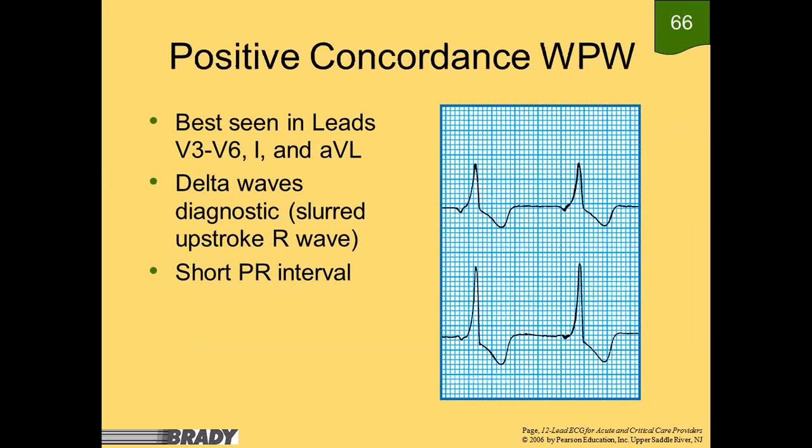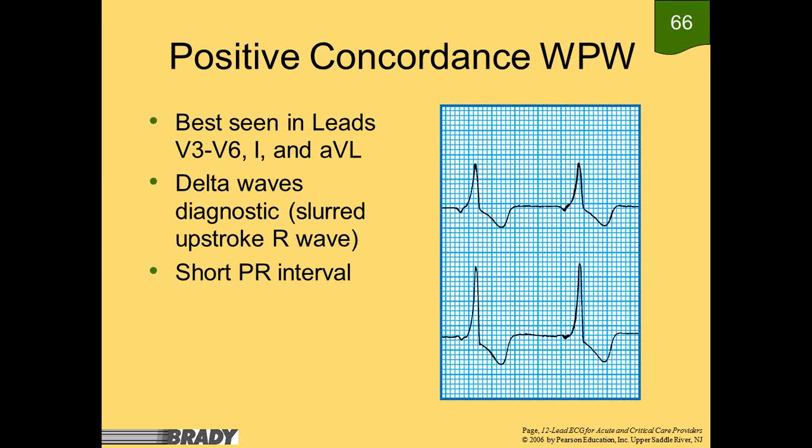Okay. With Wolff-Parkinson-White, we're going to look in V3 to V6, lead 1, and AVL. And what you're going to see here mostly is what we call delta waves, or those slurred.